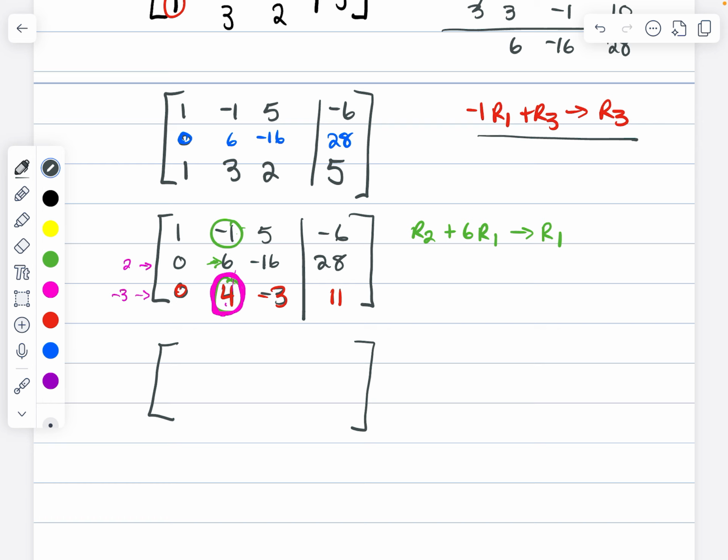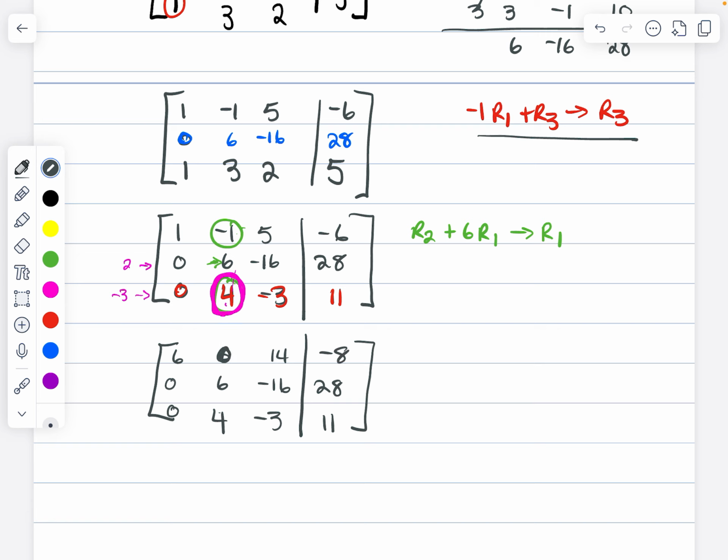So remember, we're replacing in row 1, so that means row 2 is going to stay the same, and row 3 is going to stay the same. But our row 1 will become now 6, 0, 14, negative 8.